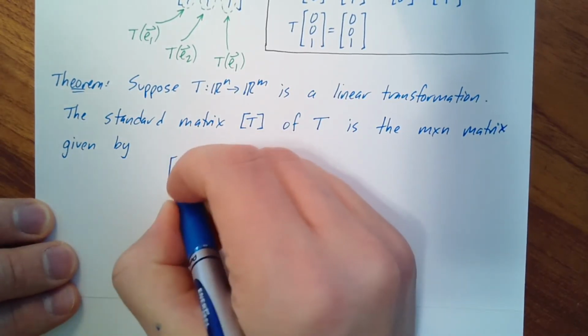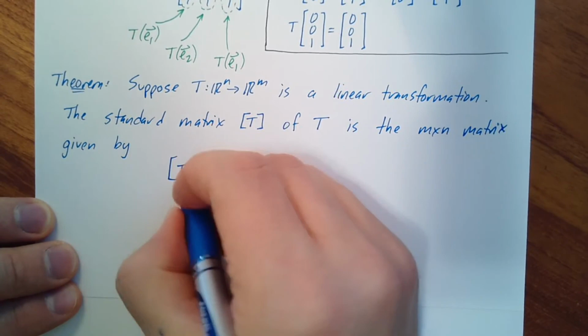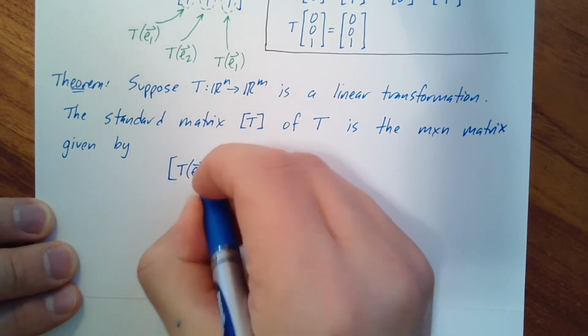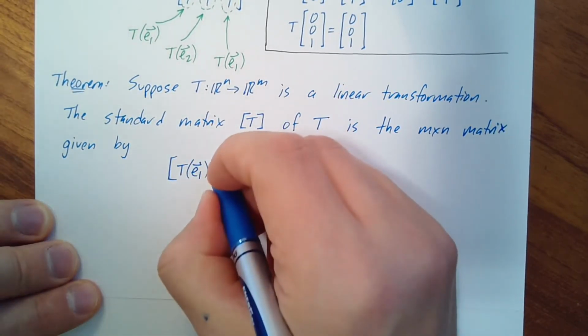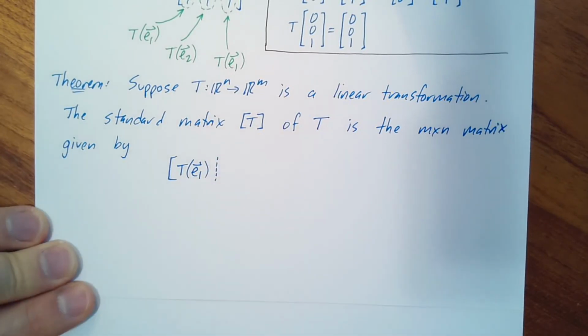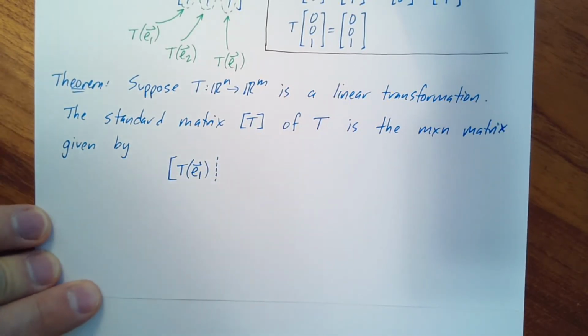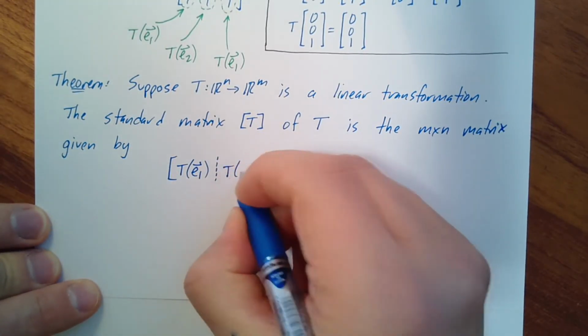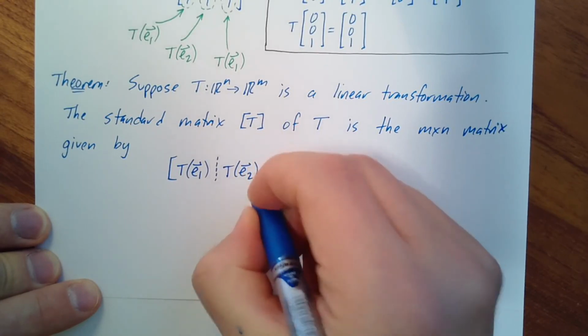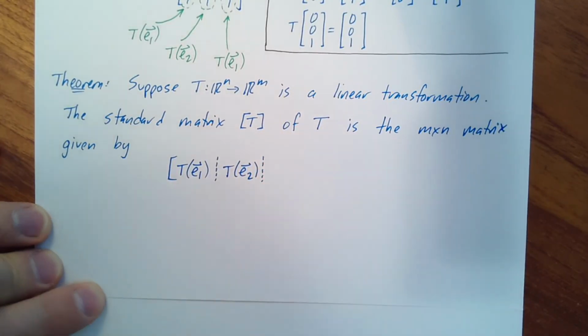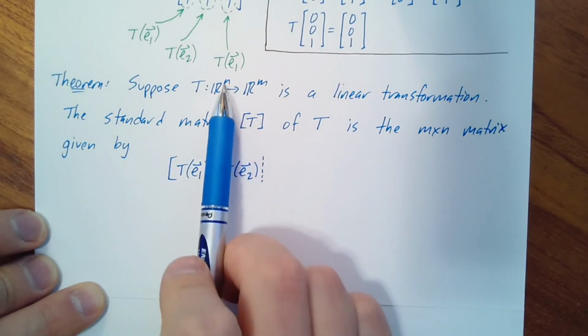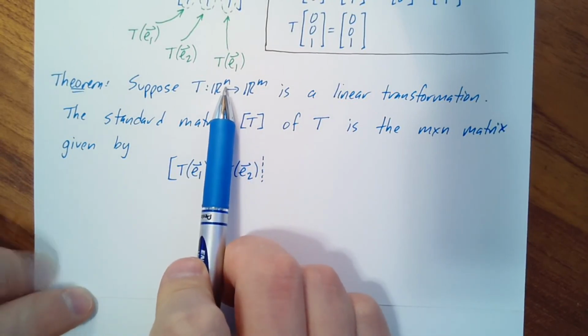Just take the linear transformation T, plug in the first standard basis vector, and that is going to give you the first column of the standard matrix. Then for the second column, you just plug in the second standard basis vector E2. And you just keep doing this until you get all the way up to the very last standard basis vector of Rn.